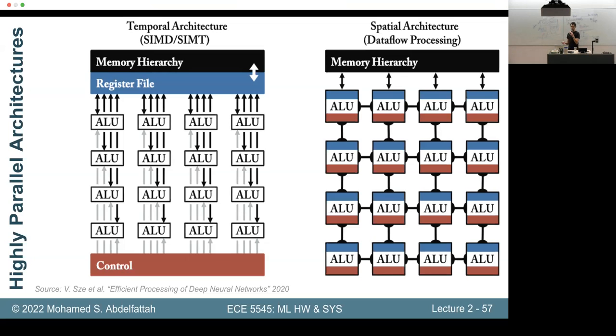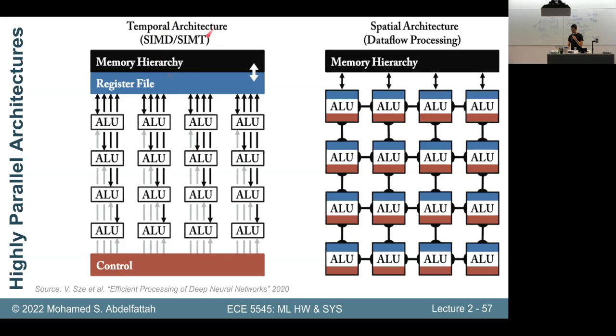So can people think of some kind of hardware that does multiple instruction, single data? If you can think of one, type it in the chat. Yeah, it's not straightforward because it's not a type of hardware that exists, but it's a hardware you can build.